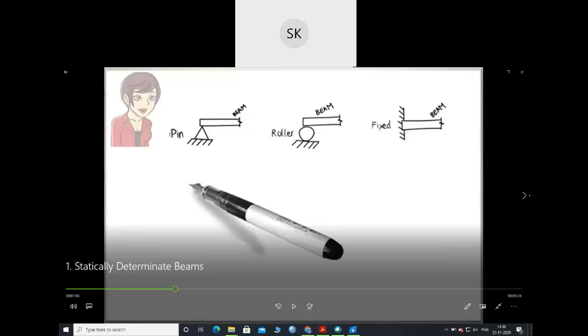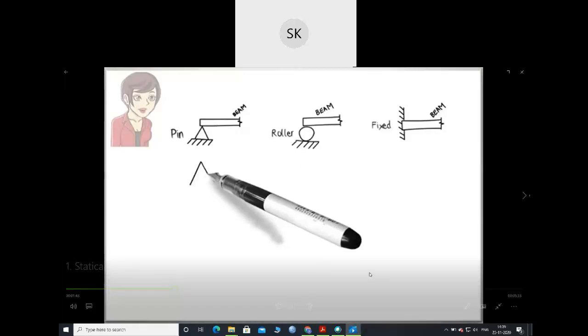Pin support is represented by this symbol, roller is represented by this symbol, and fixed is represented by this symbol. You should know what the reactions will be for pin support, roller support, and fixed support. So please remember these symbols for different types of supports.